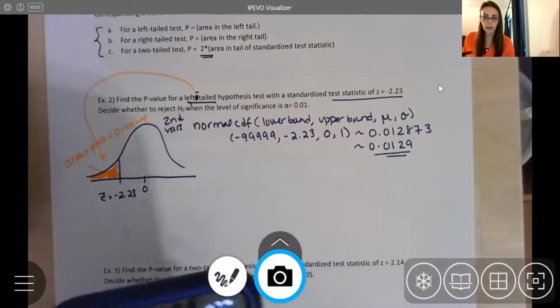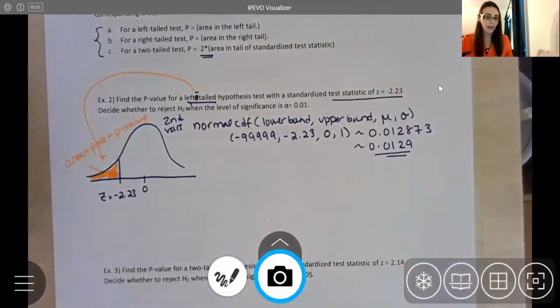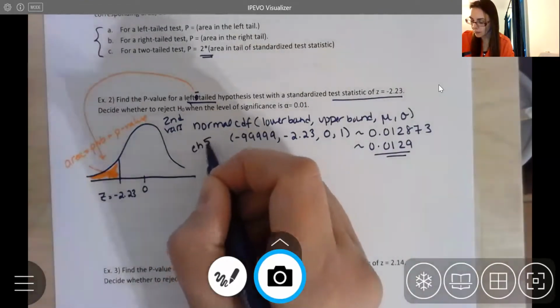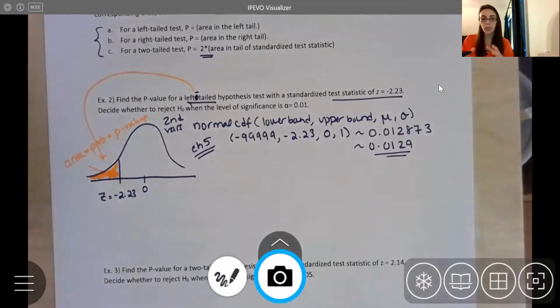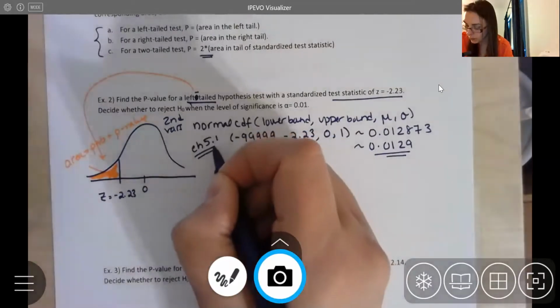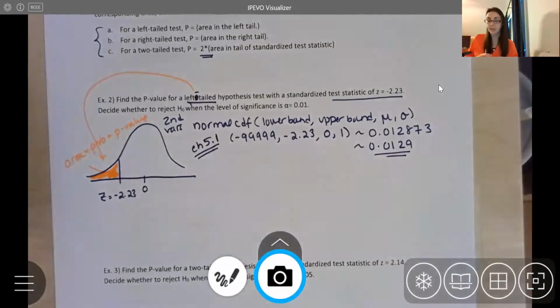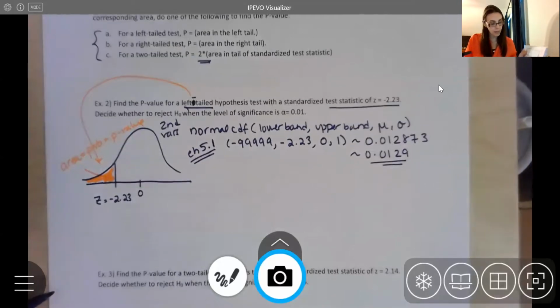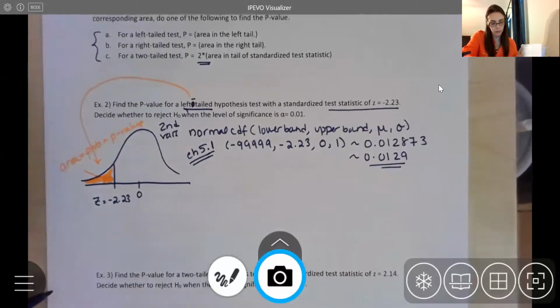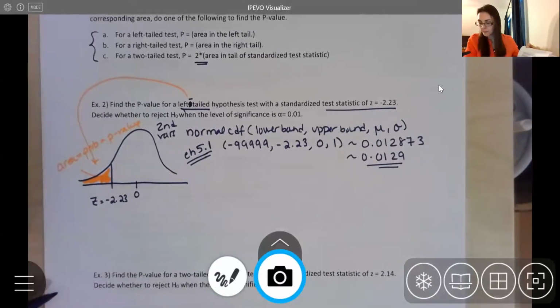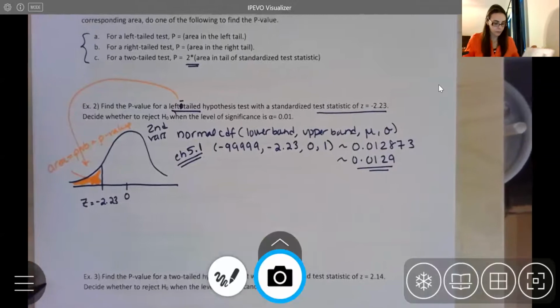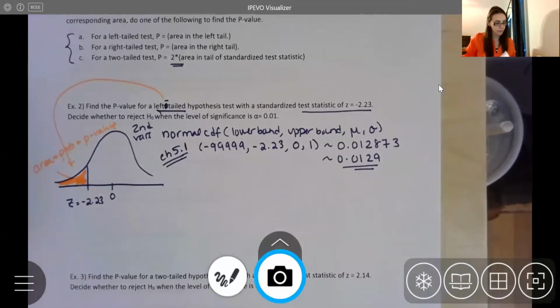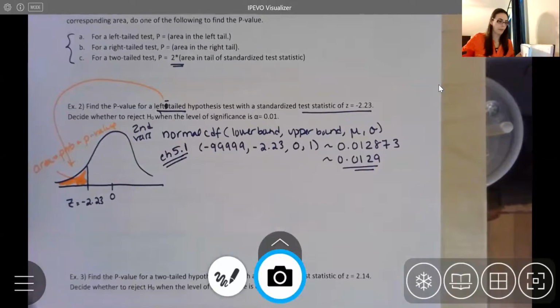Now, if you're not using your calculator, if you're using your tables, then that's actually fine too. This is all chapter 5 stuff, actually 5.1 really, to be specific. If you need to go back to chapter 5.1 and do a review, please do that. If you're using your table, get my table out real quick. Sorry, big books here.